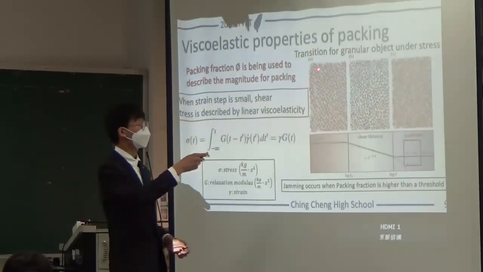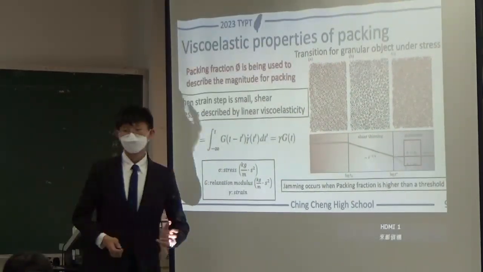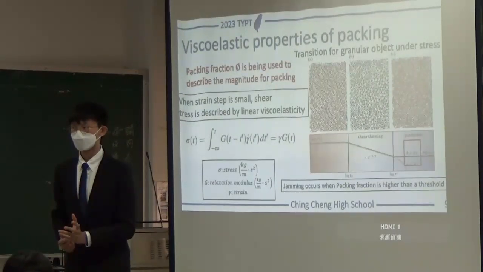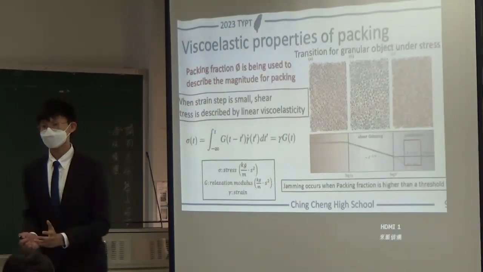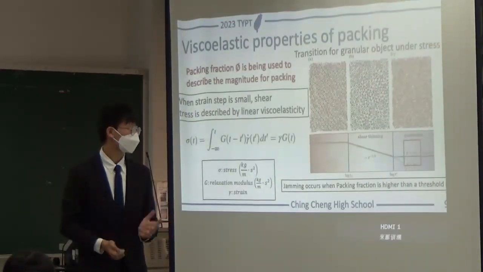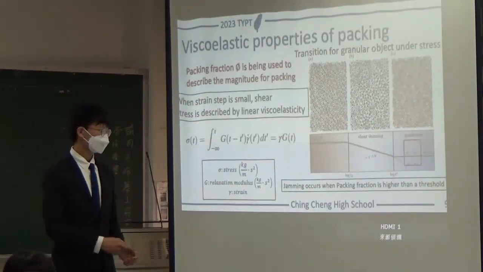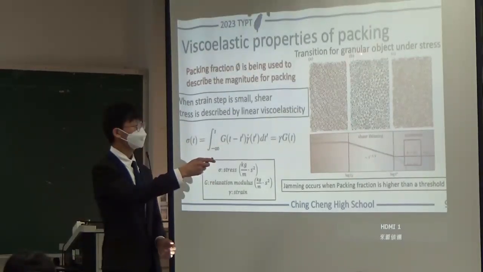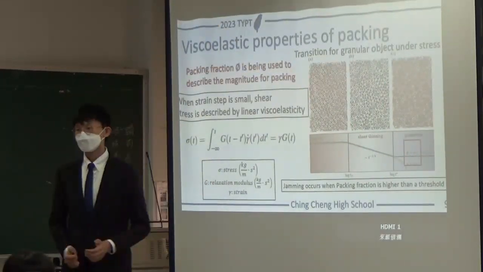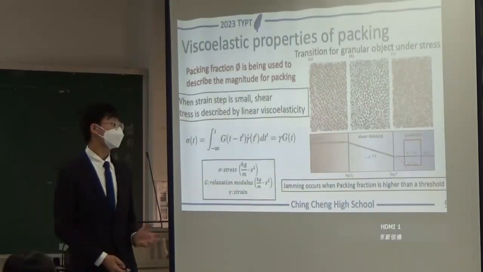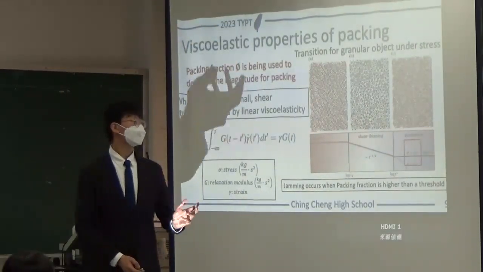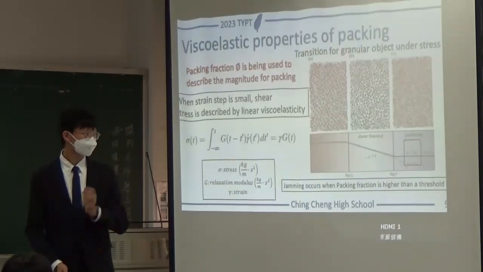In the first part, we can see the granular particles form many force chains, and these force chains connect these particles together. And at the second part, we can see the force chains break, and so the granular particles start a little bit of sliding.